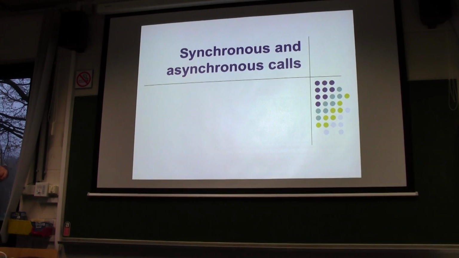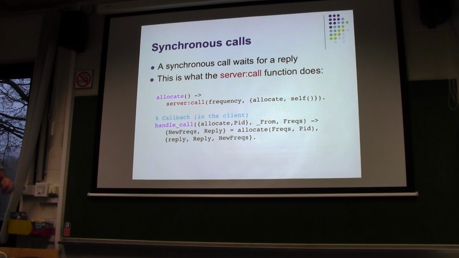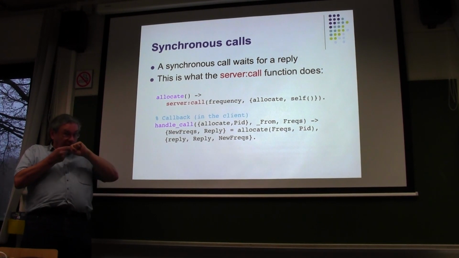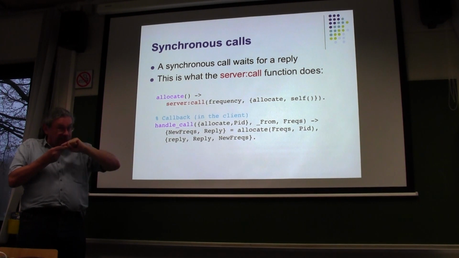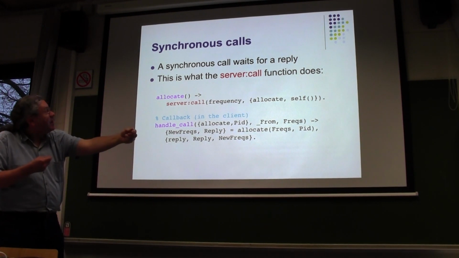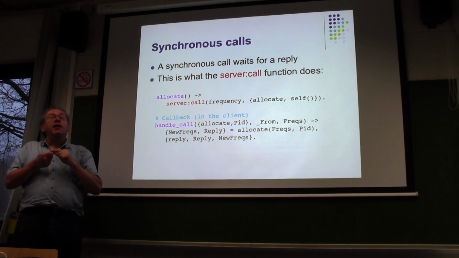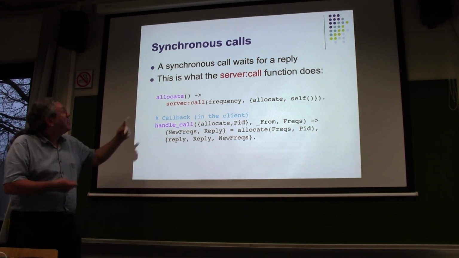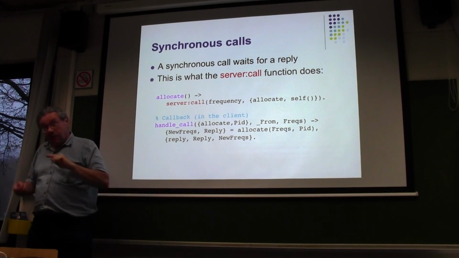Another thing I want to talk about is synchronous and asynchronous calls. So this is very simple. When you send a message from one process to another, sometimes you need a reply, and sometimes you don't. Sometimes you have to wait for a reply, and that's called a synchronous call. And sometimes you don't.